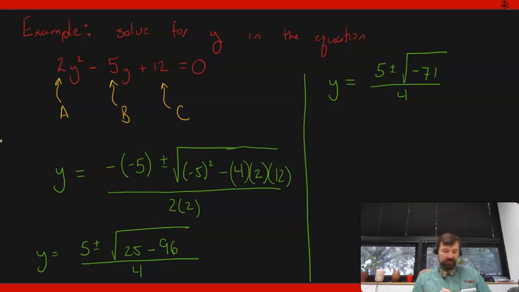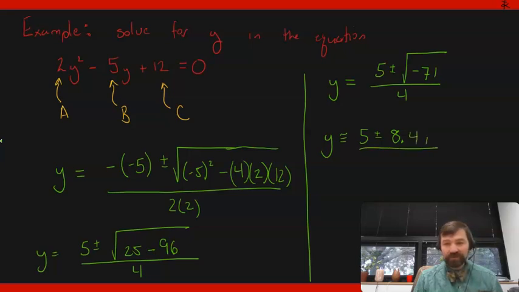So what is the square root of 71? Well, since it's negative, what we end up with is y is equal to 5 plus or minus roughly 8.426. So let's call this 8.4 times the imaginary number, divided by 4.